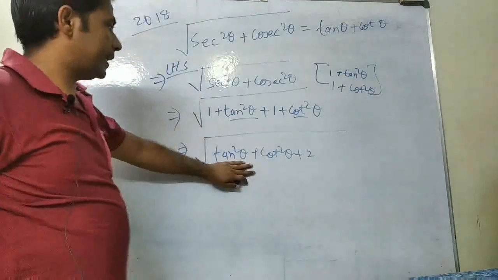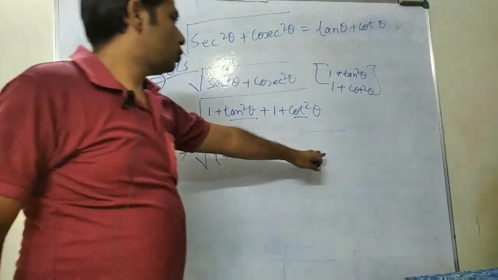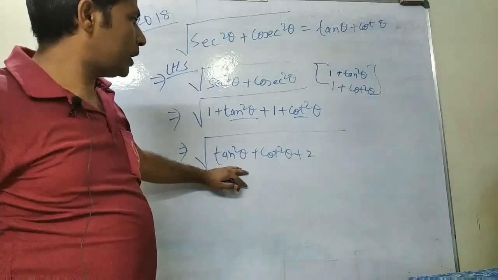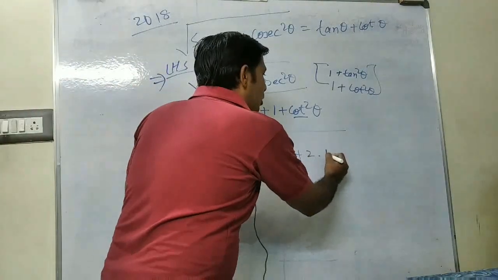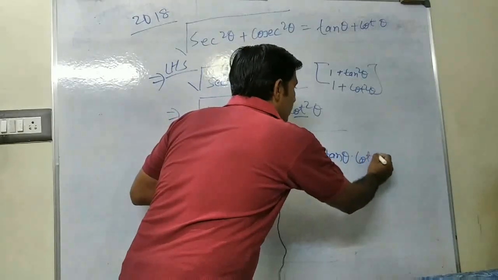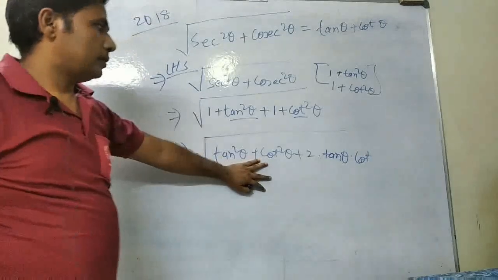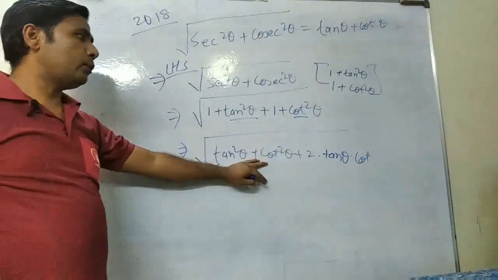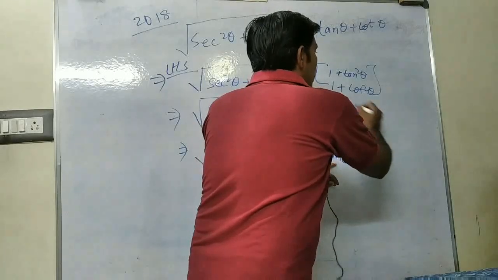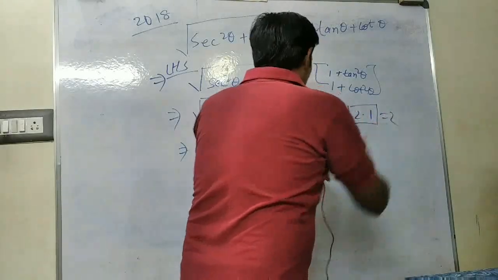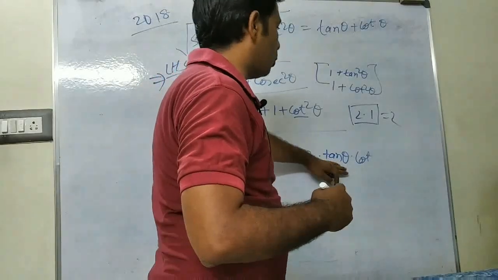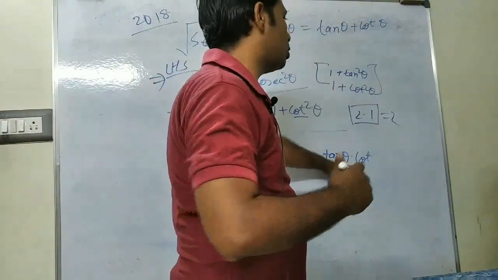Now we are seeing here that to get the equation of a square plus b square, we can write tan and cot, then we will get the equation as a square plus b square. Why have we written 2 instead of 1? 2 into 1 is equal to 2. This only we are writing here. So 2 was there itself, and instead of 1 we are writing tan theta into cot theta.